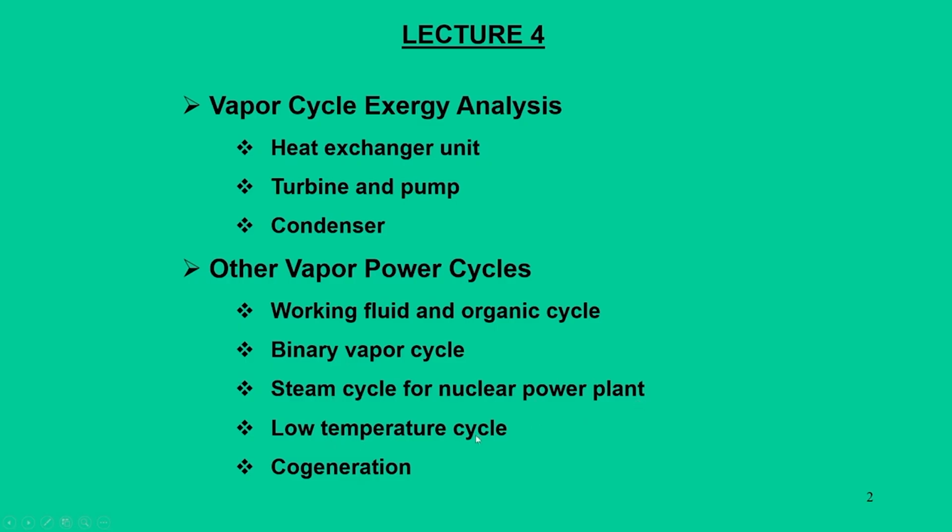Then we have low temperature cycles. There are certain situations where there is a possibility of exploiting energy from a low temperature environment. For example, we can think of solar radiation getting absorbed in a pond, which we can call a solar pond. There are some geothermal fluids, which is underground water.